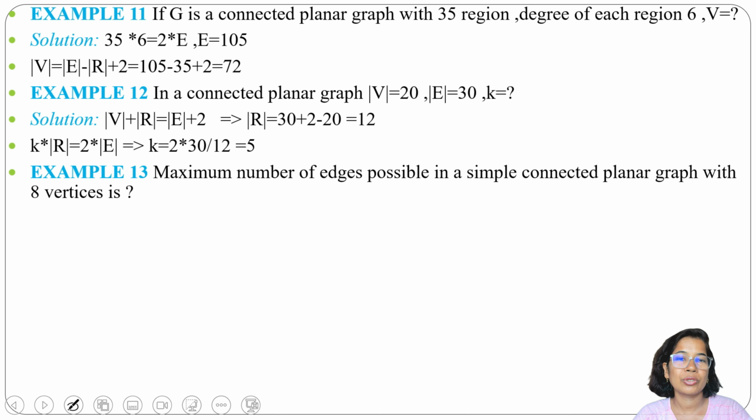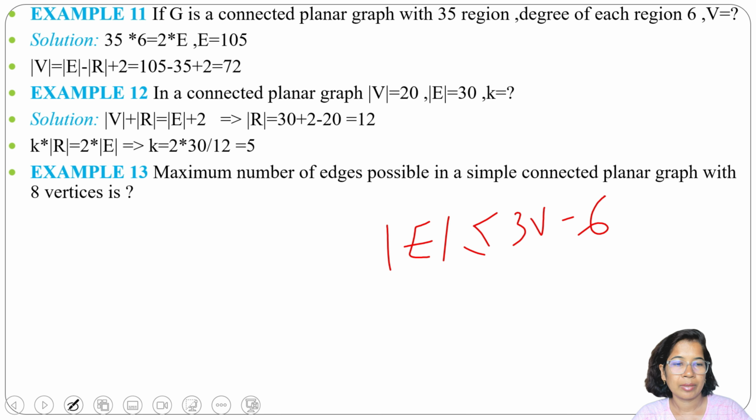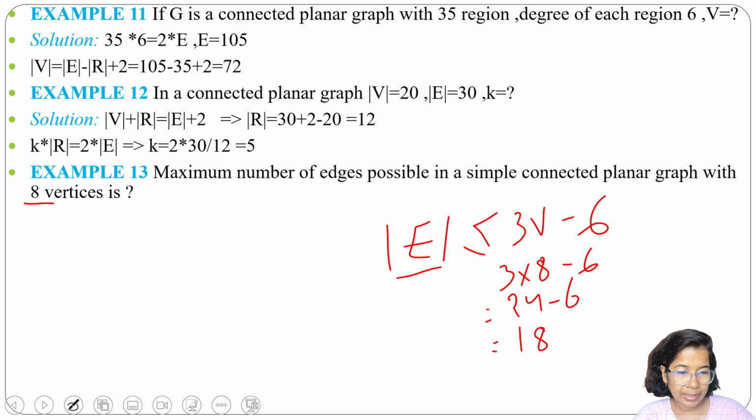So here we'll use corollary 1, that E should be less than or equal to 3B minus 6. So here B equals 8, 3 into 8 minus 6, 24 minus 6, it's 18. So number of edges should be less than or equal to 18. So you can say maximum number of edges possible in a simple connected graph with 8 vertices is 18.